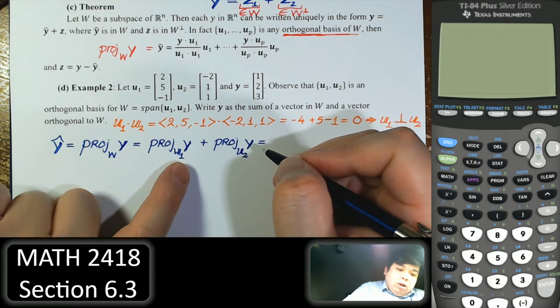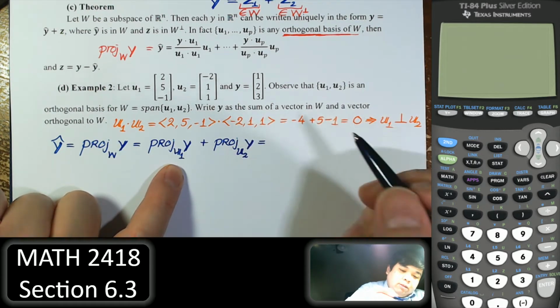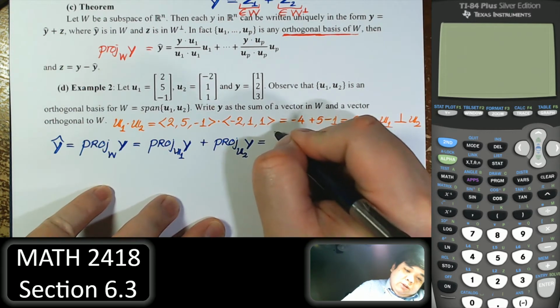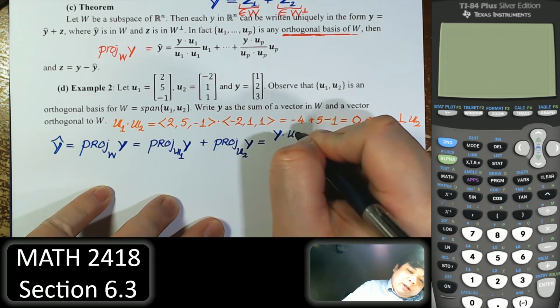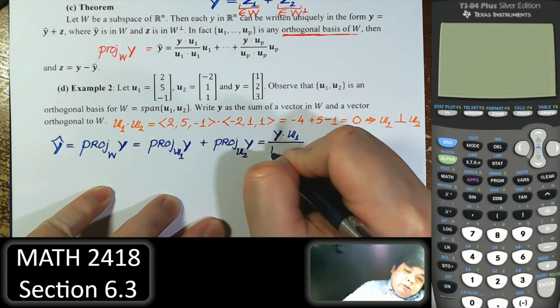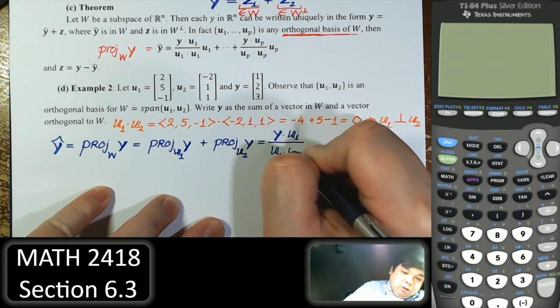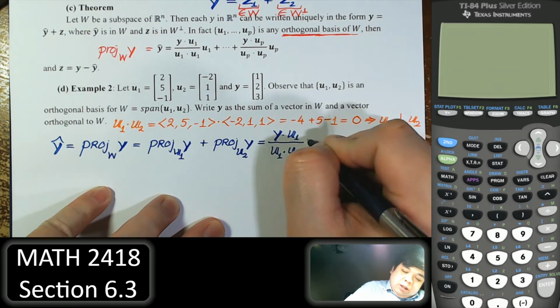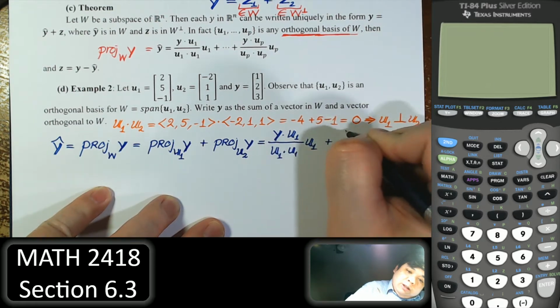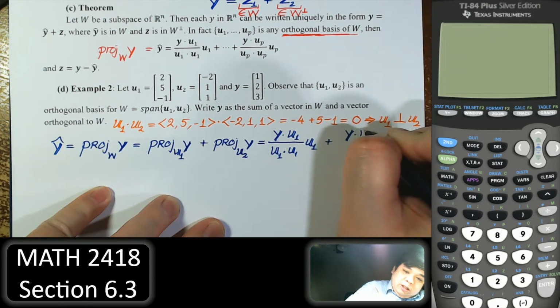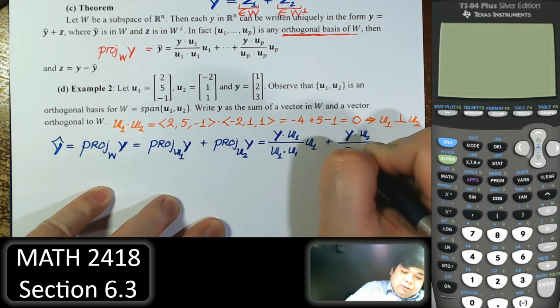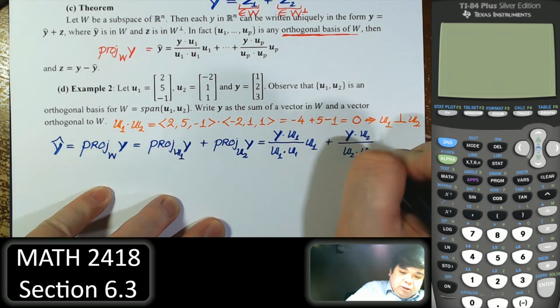The projection of y onto u1 is going to be equal to y dot u1 over u1 dot u1 times u1, and similarly for u2.